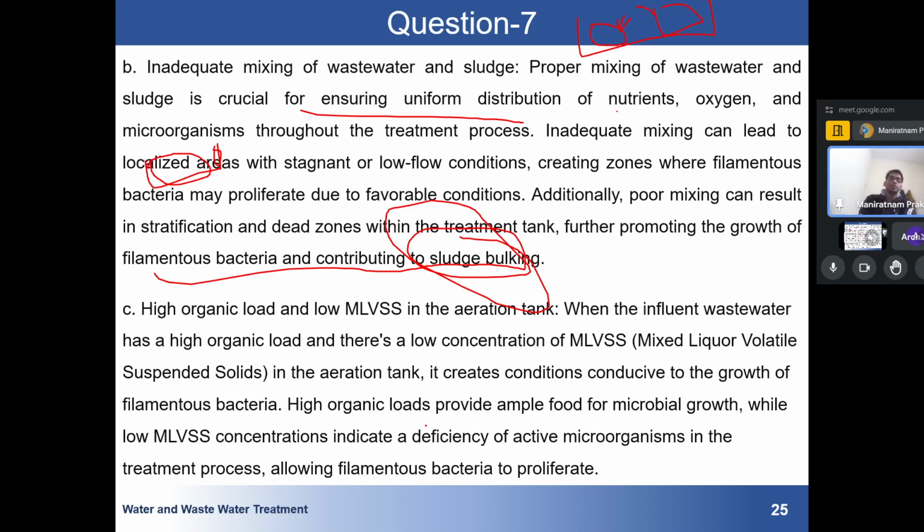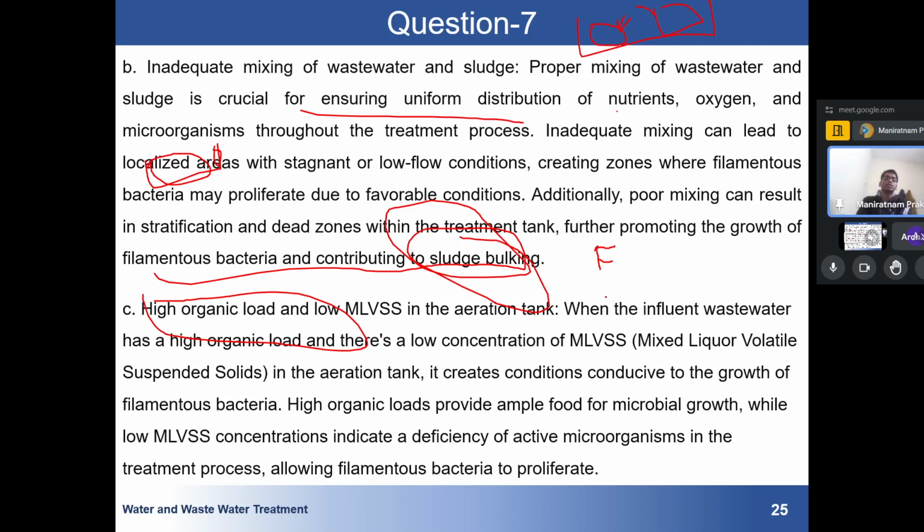Now remember, it is using some technical terms like MLVSS or high organic load. But what does this high organic load mean? High organic load means high food. That is, F is very high. And what is this MLVSS? This is mixed liquor volatile suspended solids.